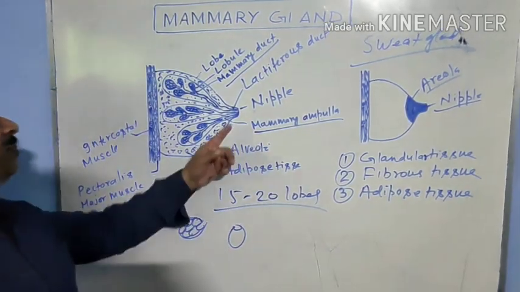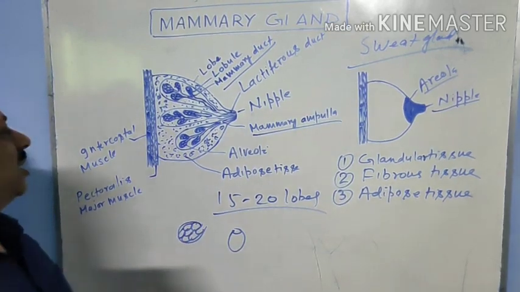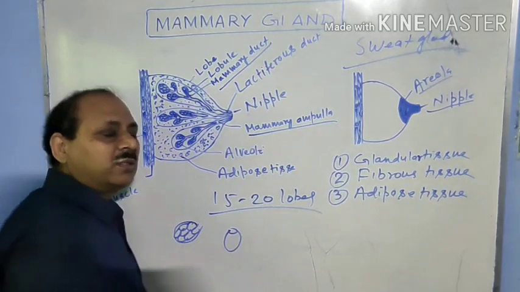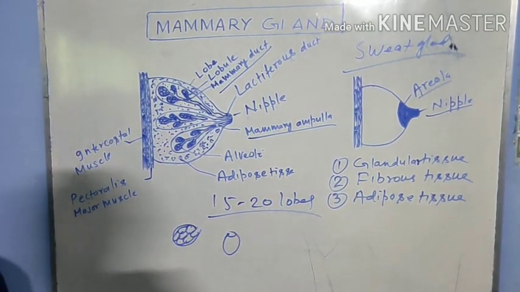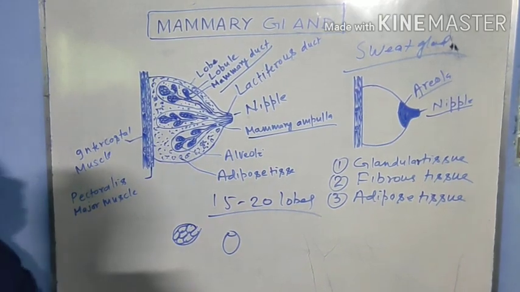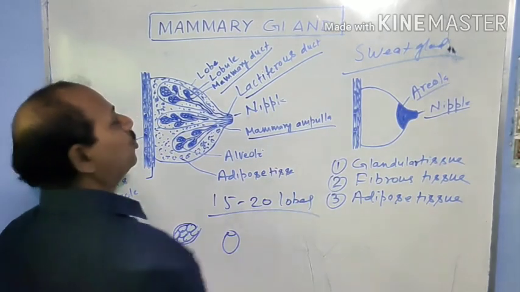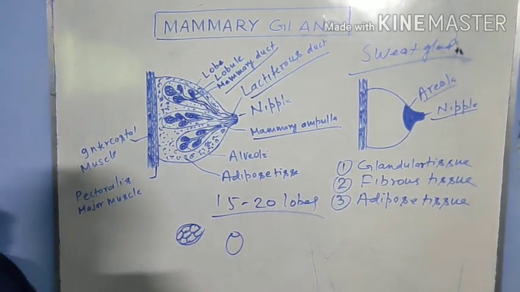Before reaching the nipple, mammary duct dilates and is known as mammary ampulla. It temporarily stores the milk, and it leads into a duct known as lactiferous duct, which opens outside through minute apertures.